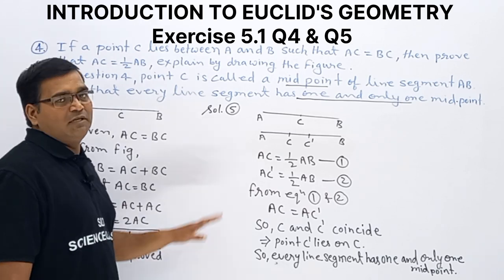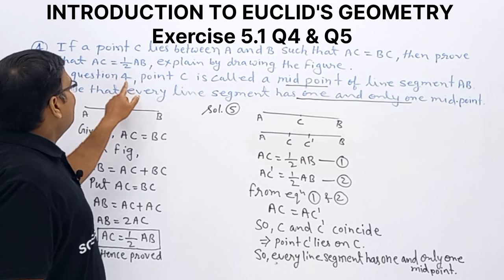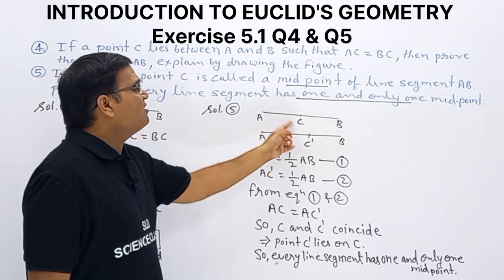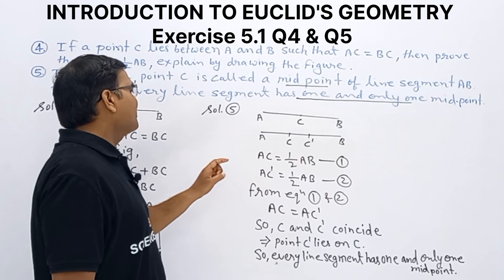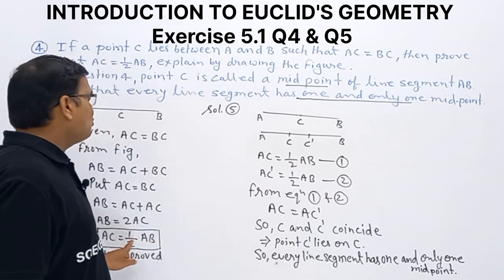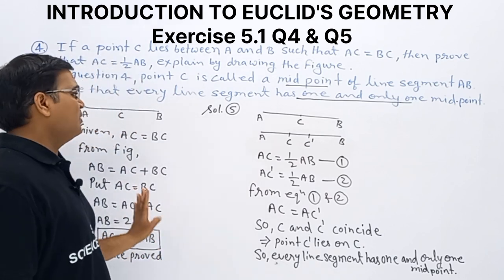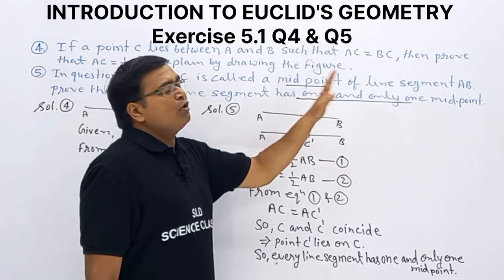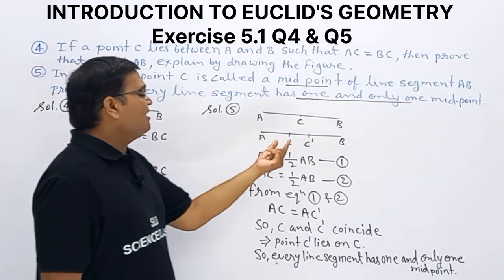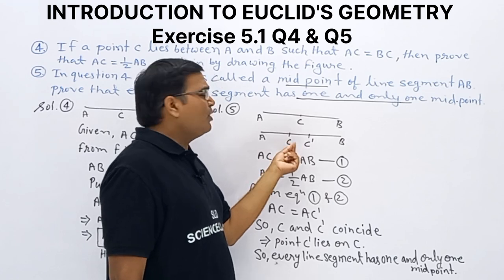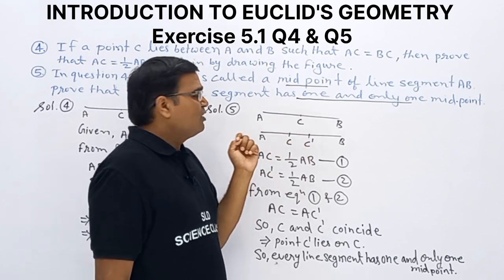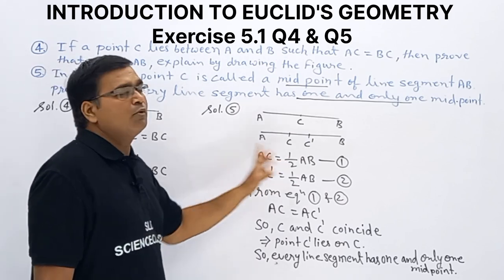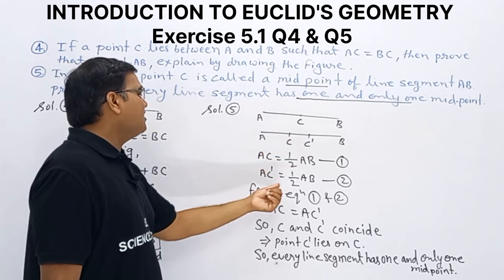Observe what we are doing in this question. In question number 4, point C is the midpoint of a line segment, so AC equal to half of AB. We proved this. We want to prove that every line segment has one and only one midpoint. So we take two midpoints, C and C dash. AC can be written as half of AB, and AC dash can be written as half of AB.